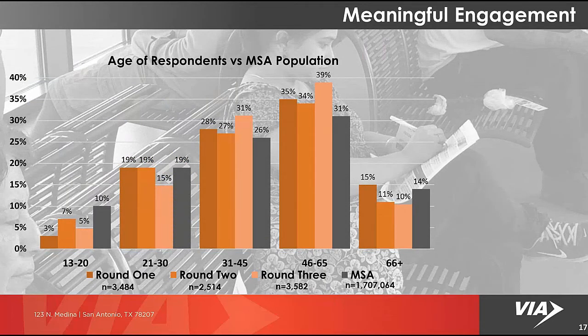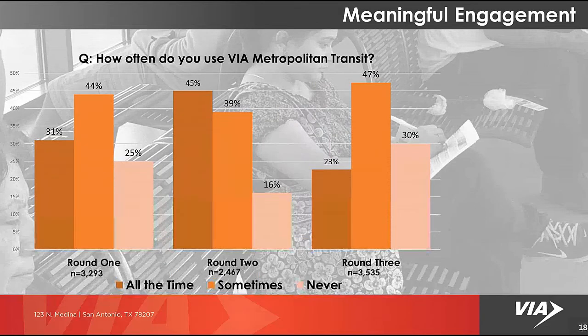We also tracked other demographics like Dave showed on our tool, like age and education, and whether or not people use VIA currently. There's a difference between someone who knows the system very well and someone who's never used it.